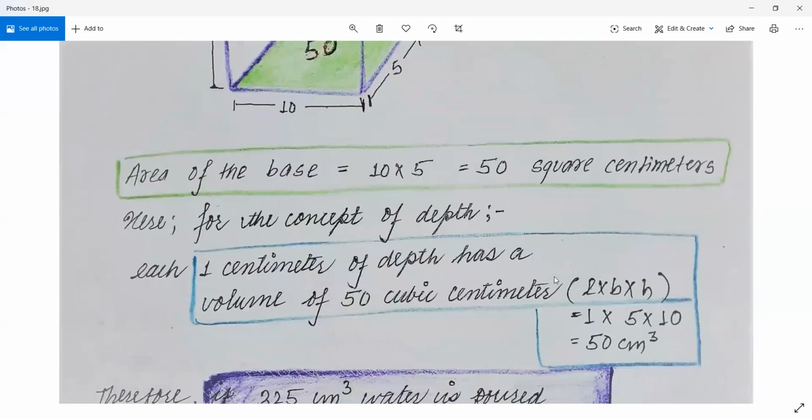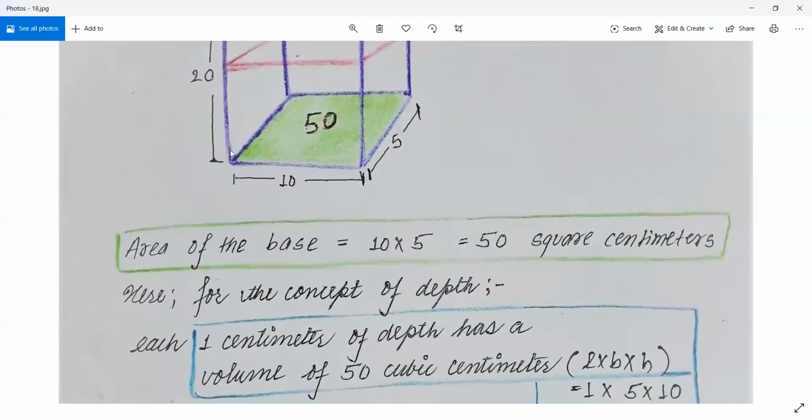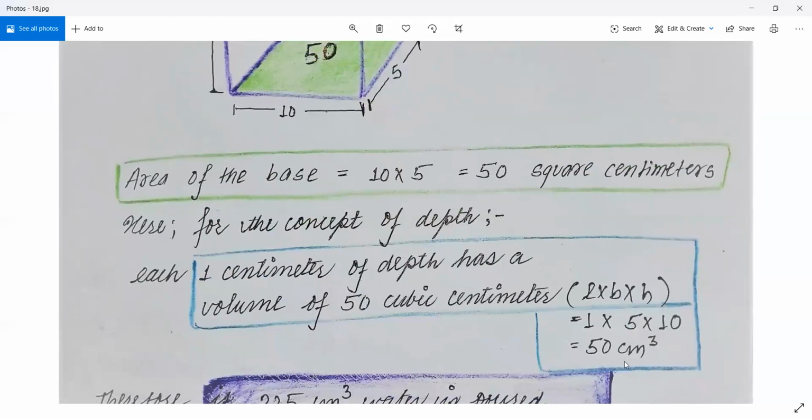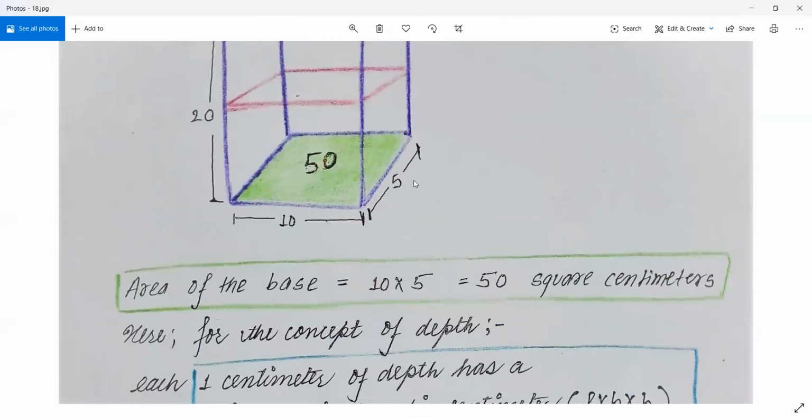So for the concept of depth, 1 centimeter depth has 50 cubic centimeters of water. What I basically want to tell you is that if the area of the base is 50 square centimeters, right, so 1 centimeter of height, if you fill the base with, let's say, 1 centimeter height of water, then that 1 centimeter of height contains 50 cubic centimeters of water.